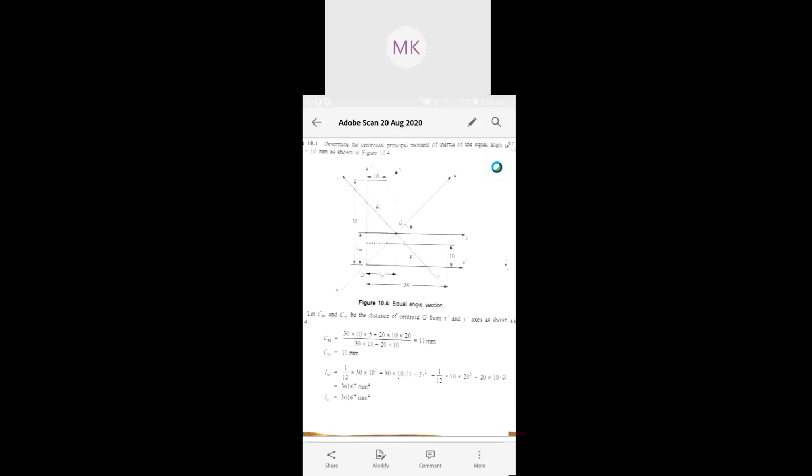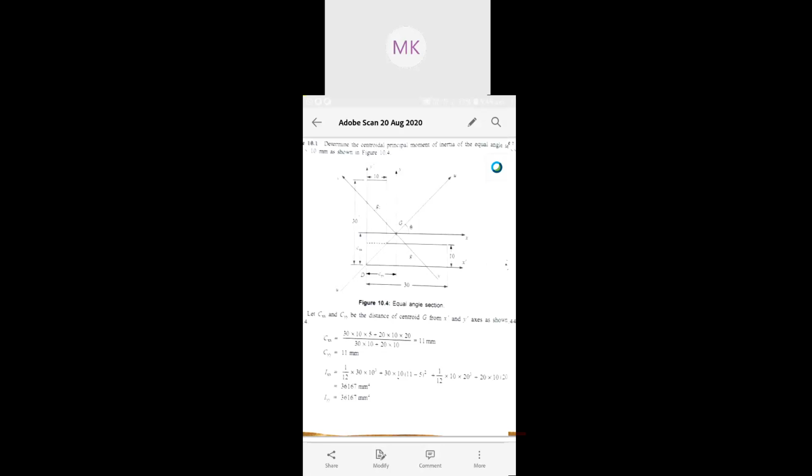For that, when we are going to find out the moment of inertia about the x-axis and y-axis, as per the formula, it is moment of inertia of a1 plus a1 into h1 square. Moment of inertia of a1, I think all of you got it, bd cube by 12 for a rectangular section. And a1 we already know, for the below section it is 30 into 10.